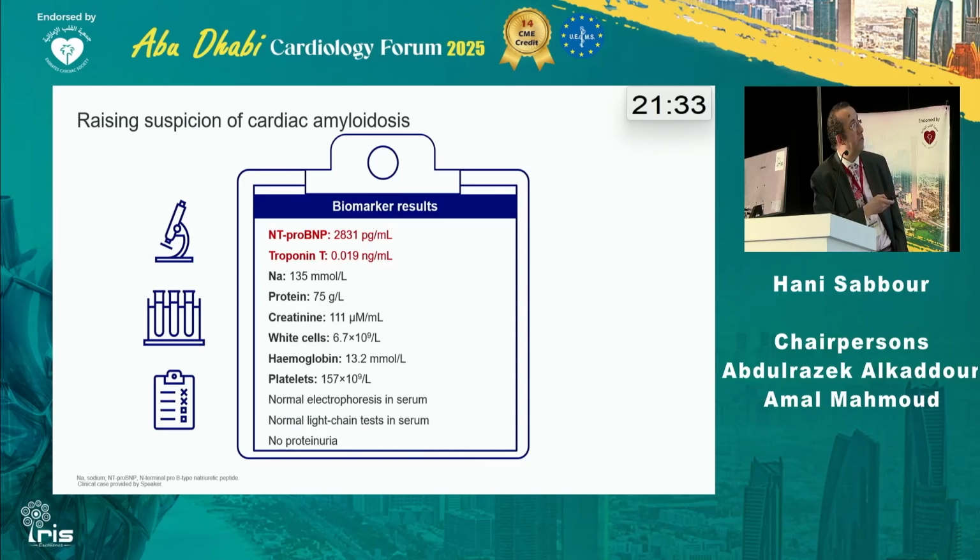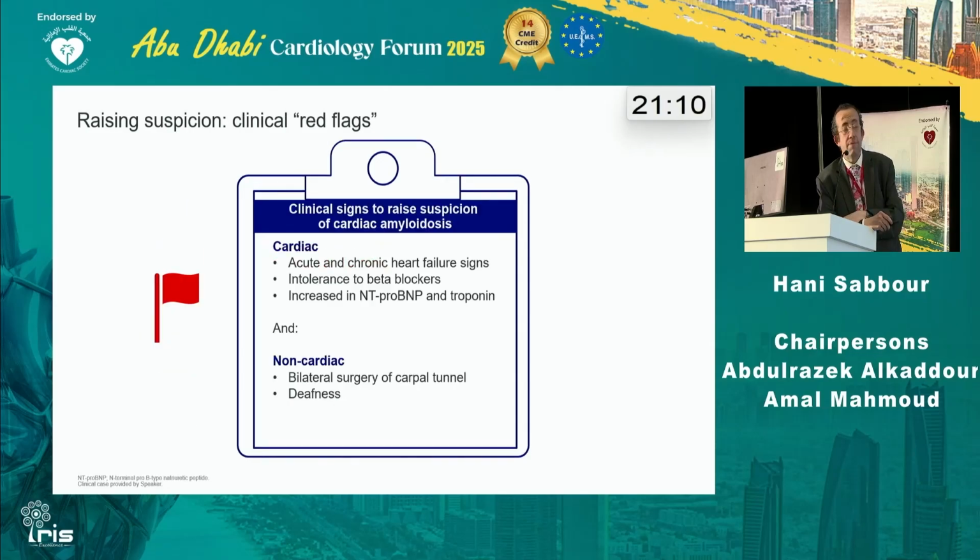NT-proBNP very high, 2,800, and a constantly elevated troponin, in spite of the fact that the coronaries don't have significant disease, normal kidney function. Now, when you do this evaluation, you should always do an evaluation for looking at paraproteins. The presence of free light chains, serum or urine, are also a clue that there could be another type. In elderly patients, you can have MGUS or you can have an AL type.